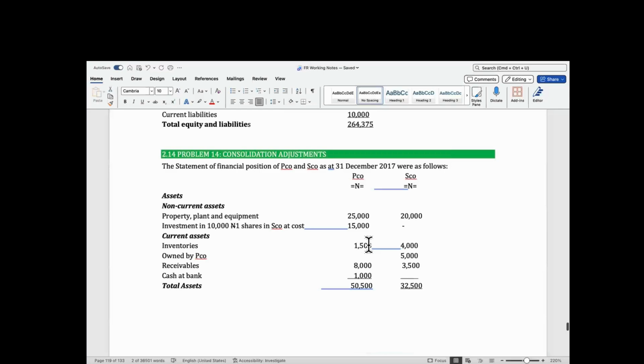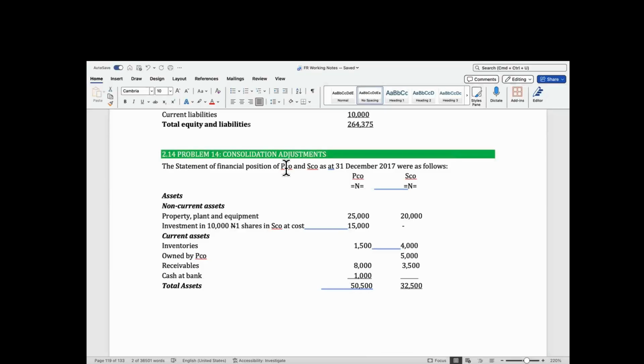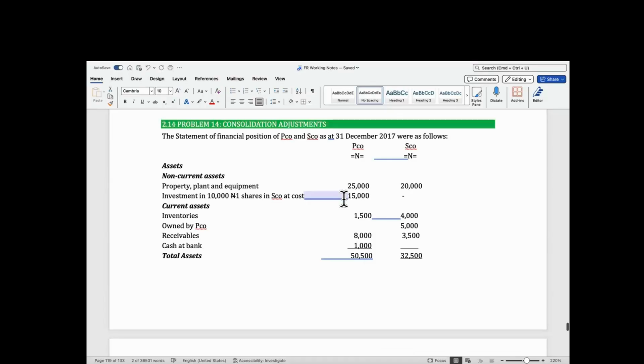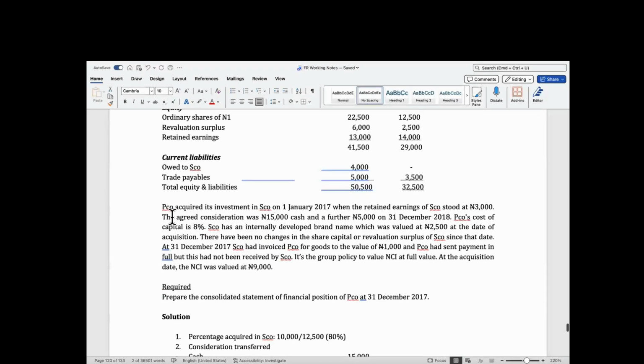Now, let's put everything together that we have learned so far. So here, I was given a statement of financial position of PICO and ESCO as at 31st December 2017, parent and subsidiary. I was told that the parent acquired its investment in ESCO on 4th January 2017, when the retained earnings of ESCO stood at 3,000.